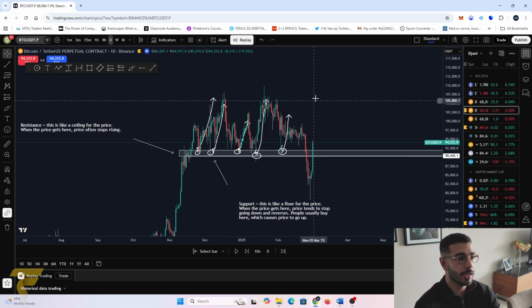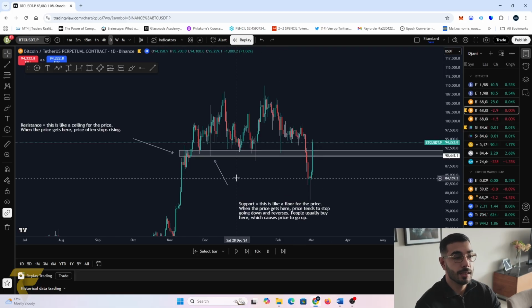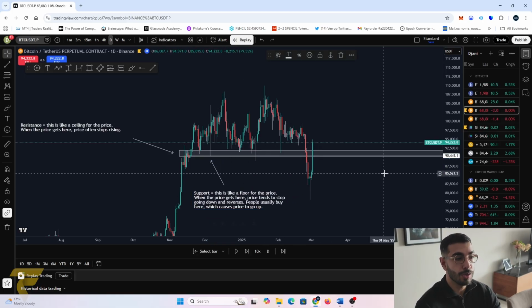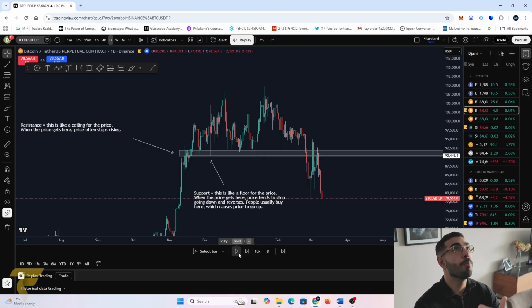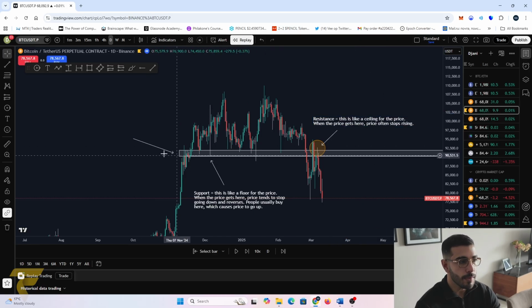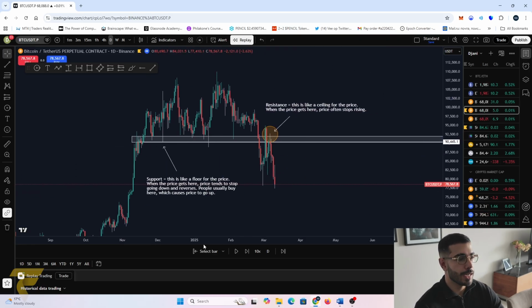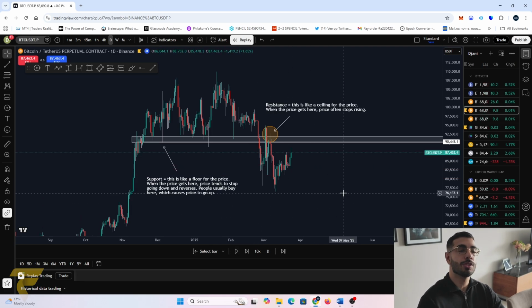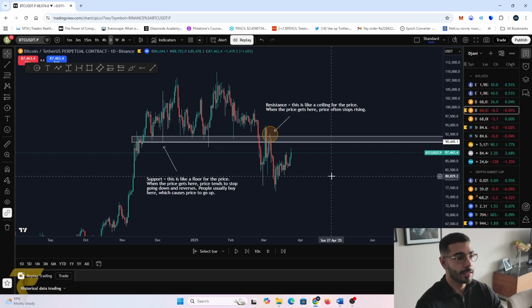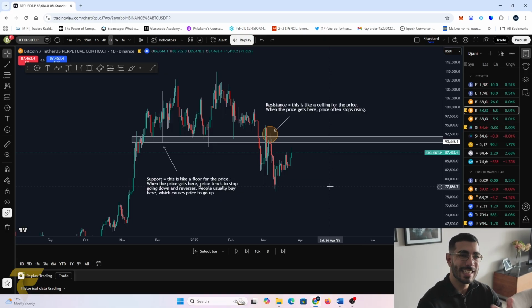Unfortunately, at some point it's inevitable, price tends to break through the support zone, and then what happens, even though it's not the most perfect example, literally at the moment where price breaks through it, this support is eventually flipped back into resistance, and that leads to price going to lower prices. So hopefully by showcasing you a couple of examples, this really makes you realize that it's very important to understand these key concepts in order to make well-informed decisions.